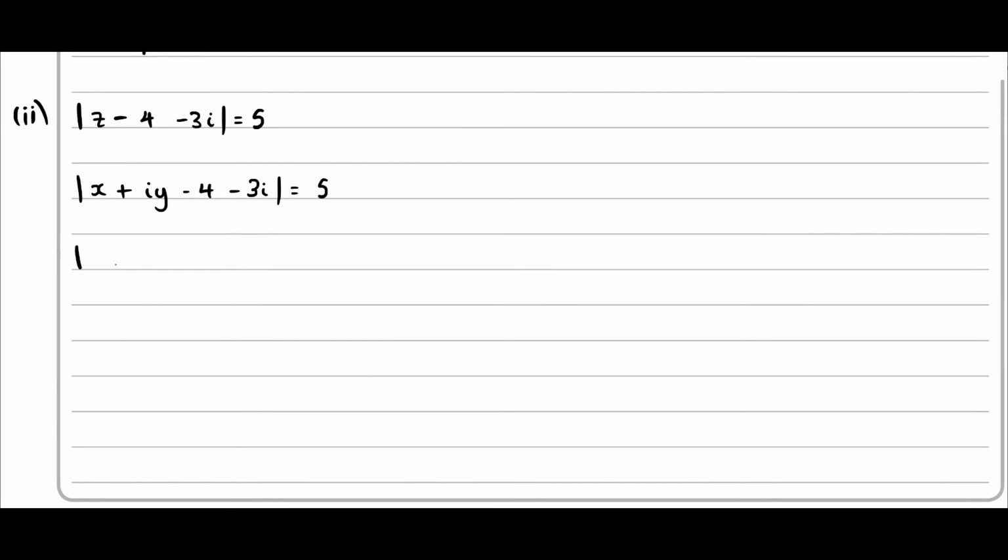So we have x minus 4 plus i lots of y minus 3 modded equals 5. This is a circle with centre 4, 3. So we have x minus 4 squared plus y minus 3 squared equals 5 squared.